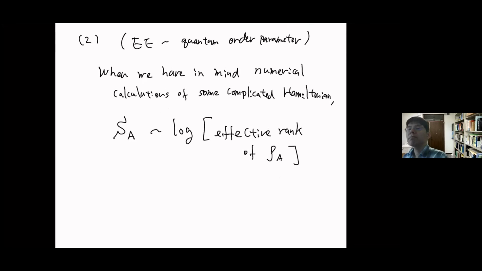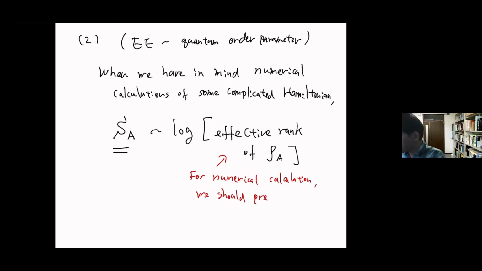To have better quality in quantum numerical calculations, we have to prepare some particular size of matrix, and this is actually given by entanglement entropy. So this is something we should prepare for numerics: this size of matrix.